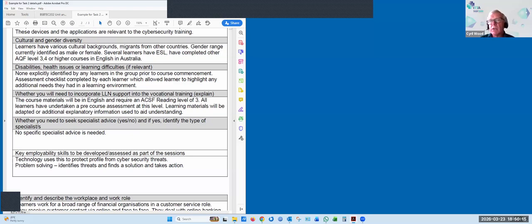They would need LLN support, just understanding what some of the words meant, for example, because they haven't come across them before in English. But in most cases, what we're talking about on this course, it's unlikely unless we're working with a particular group of people who have such a low level of language, literacy or numeracy, which is unlikely.